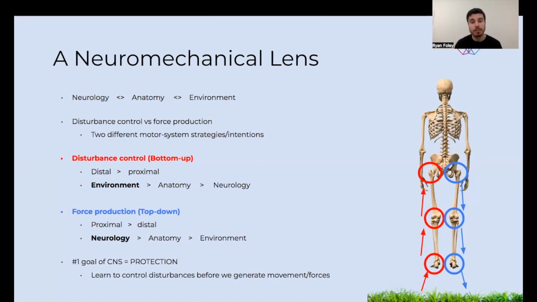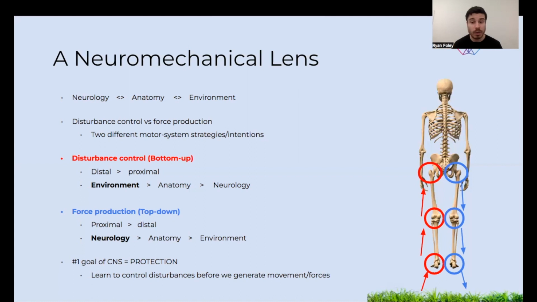allows our system to respond much faster to the external forces and perturbations that are acting on our system, and ultimately makes the distal tissues more sensitive to those perturbations, which is a good thing. But if we had a lot of muscle mass distally, this wouldn't be very energetically efficient at all to manage those perturbations, to manage those disturbances acting on our system.